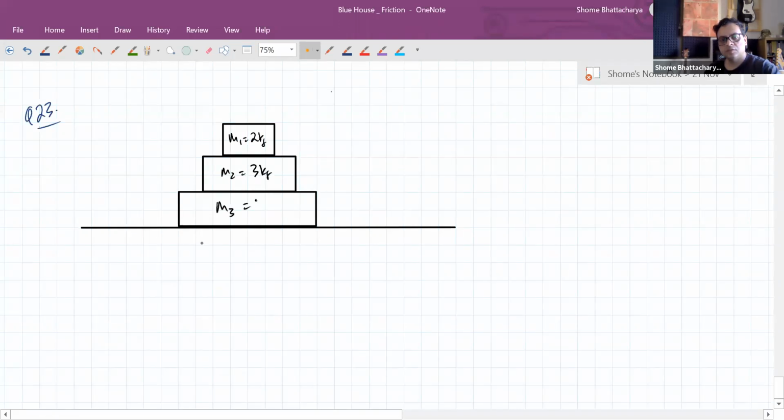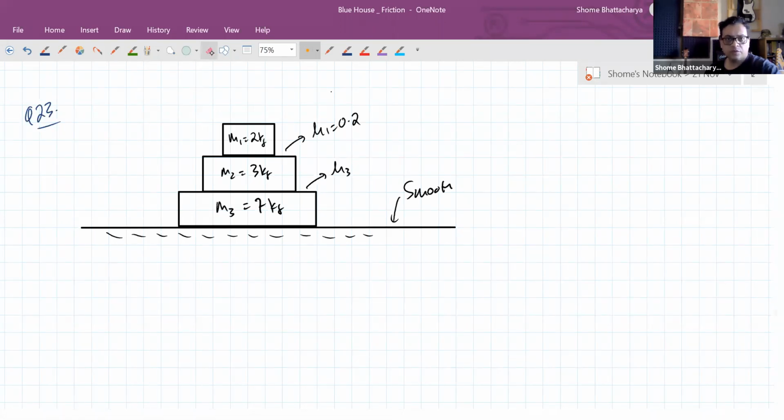I'll just label them like this. This is a smooth surface, whereas this has coefficient of friction 0.2 and this has coefficient of friction 0.3.